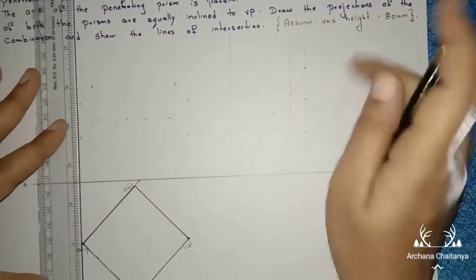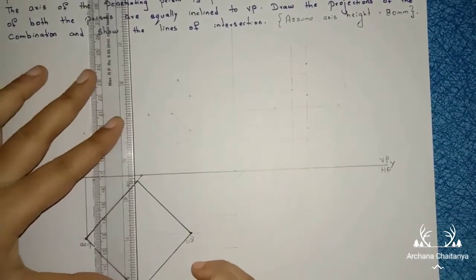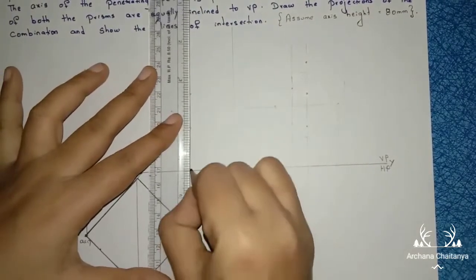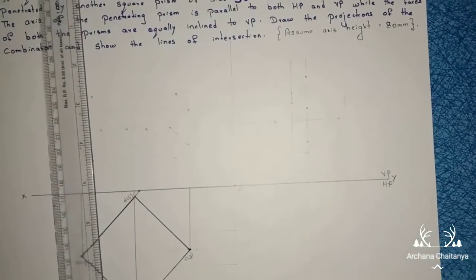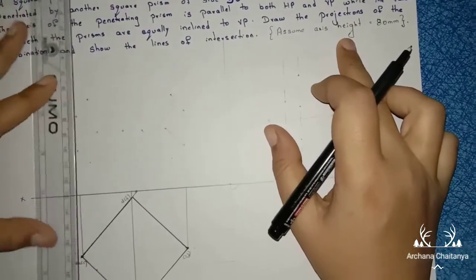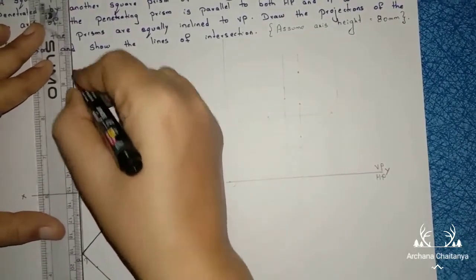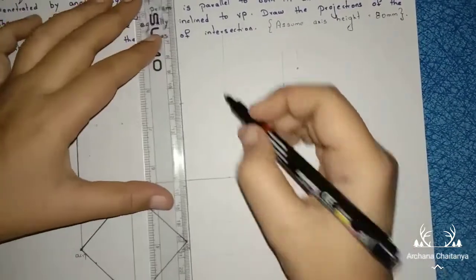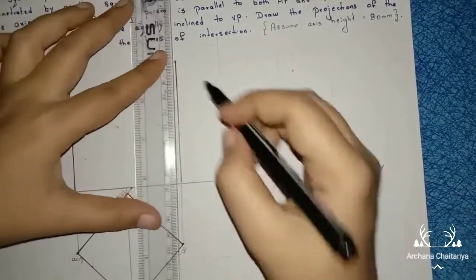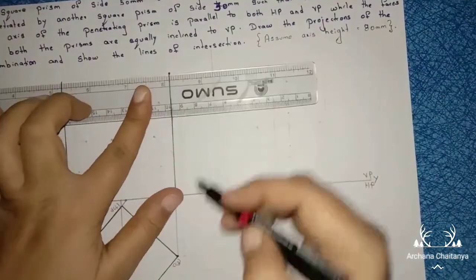So I will project all these corners till the reference line first. Now the axis height is 80 mm. I assume that the axis height is 80 mm. So I am taking the axis height here 80 mm, here also 80 mm, and join this one.